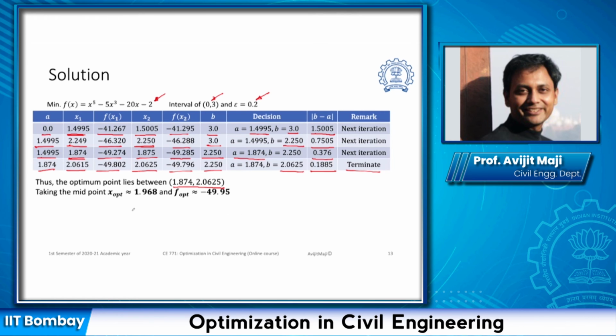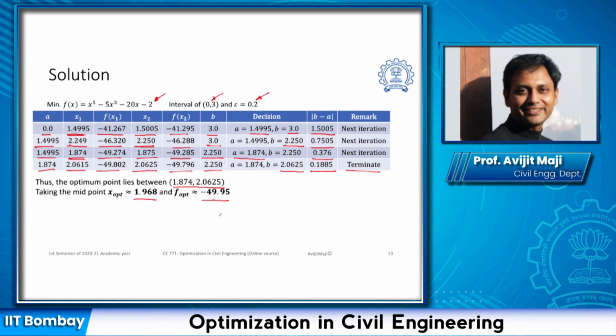So we are saying that approximately the optimum point is going to lie at the middle point of the upper and the lower boundary, which is going to be 1.968, and the function value at that point is going to be negative 49.95.